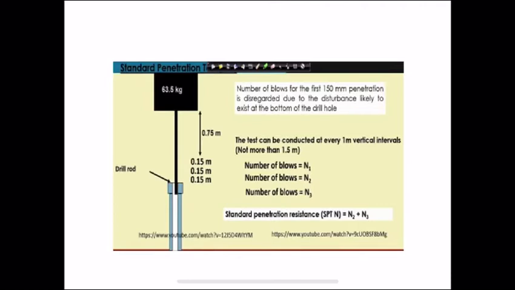The summation of the second and third number of blows required for each 150 mm penetration is called the N value or SPT value, that is the Standard Penetration Test value. Then we apply a number of corrections, as discussed per the IS code, that is the Indian Standard Code, and per the American code, but basically we go for the Indian Standard Code.